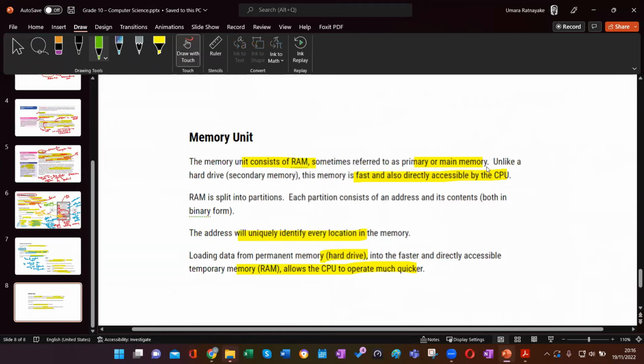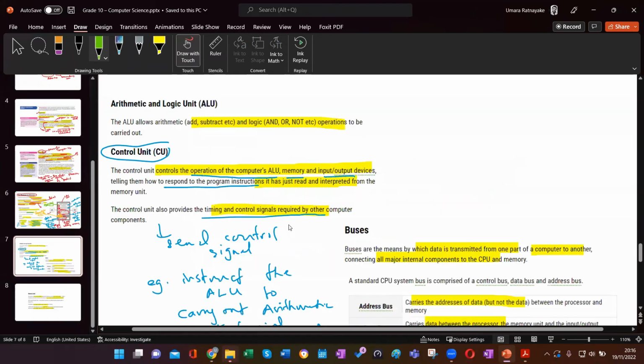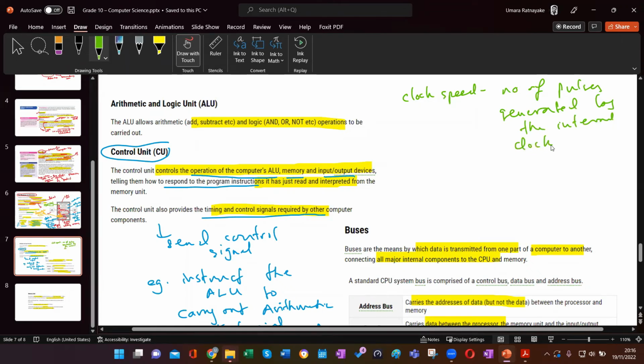Clock speed is the number of pulses generated by the internal clock in 1 second.